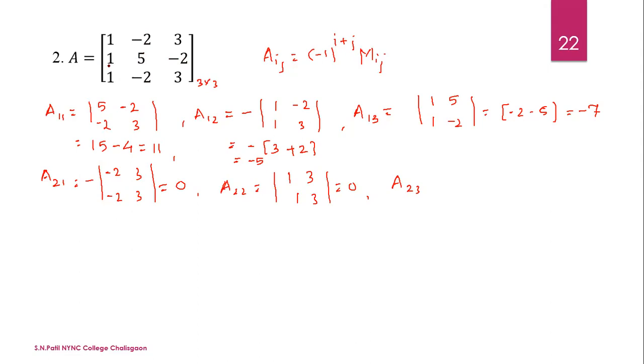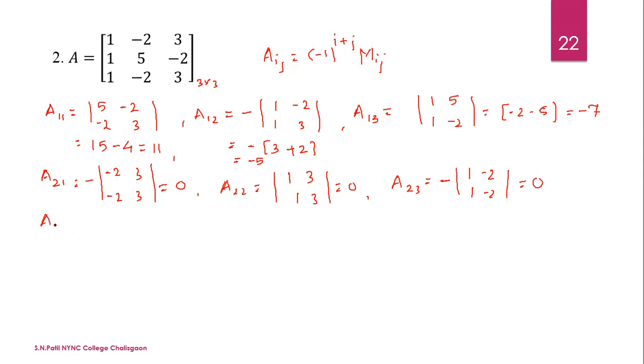Deleting the row and the column, that is 1 minus 2, 1 minus 2. And what about the sign here? 2 plus 3 is 5, that is an odd number, so keep the minus sign. Here minus 1 raised to 5 is minus 1. So again the same identical row, that is 0.